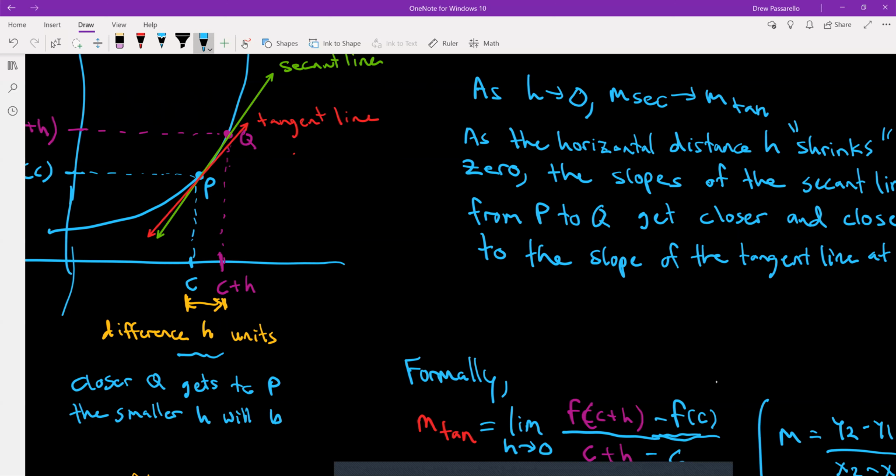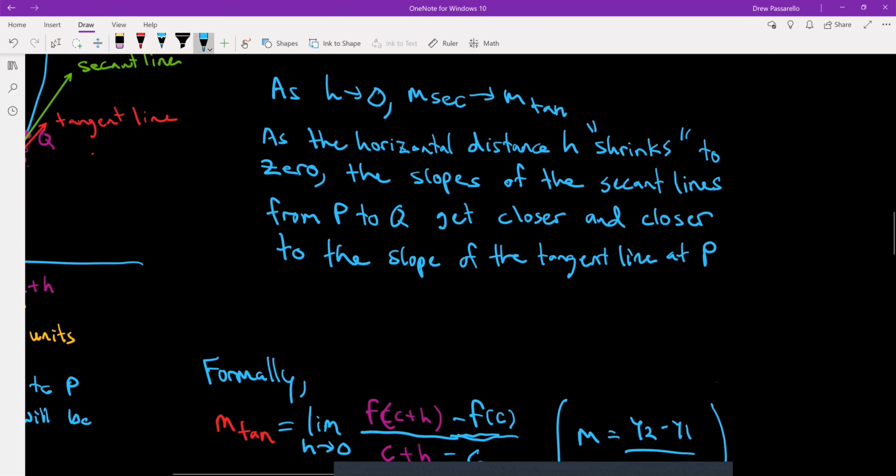And I'm just using that distance as the letter h. So in words, I wrote, as the horizontal distance h shrinks to 0, the slopes of the secant lines from P to Q get closer and closer to the slope of the tangent line at point P.